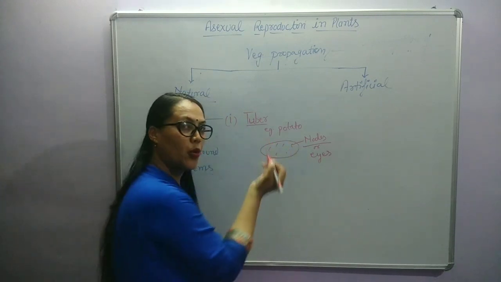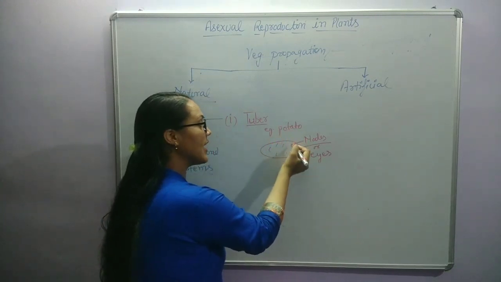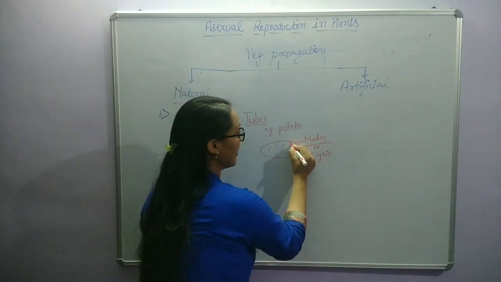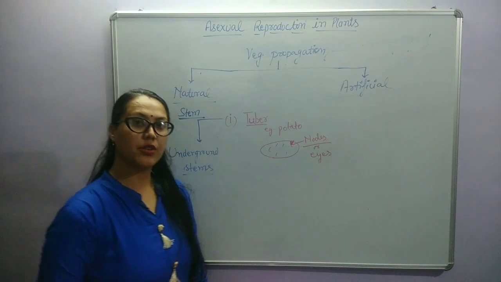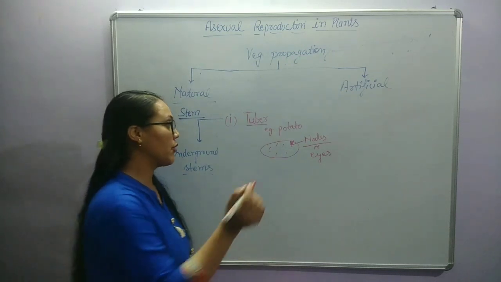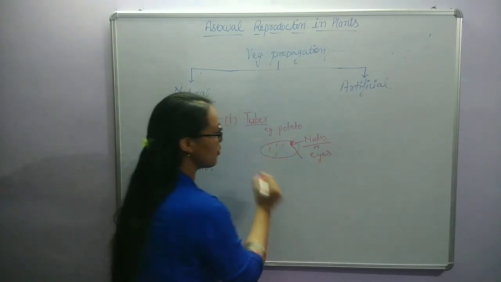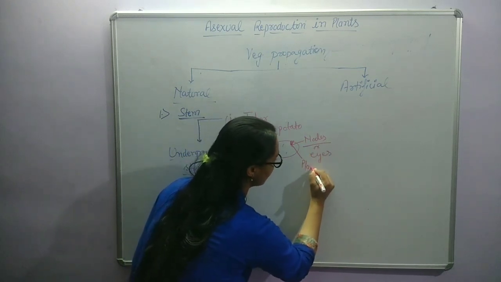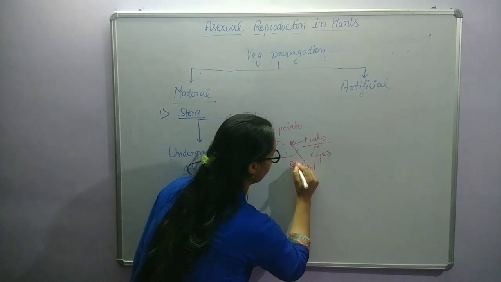Each eye is a node, and each node can give rise to a small plantlet.